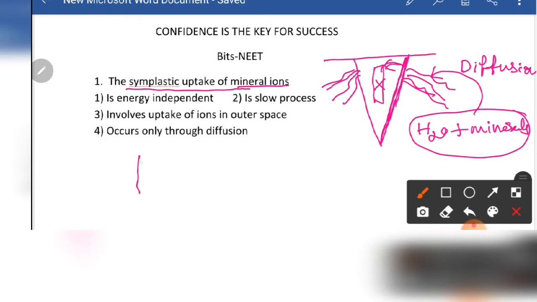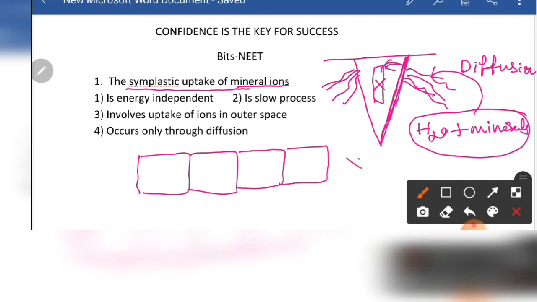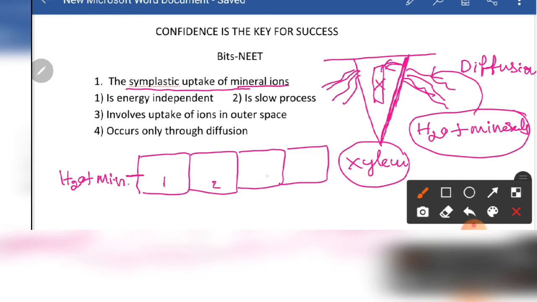So let me explain. This is a cell of the epidermis region. These are the cells in the cortical region, the cortex. Then the cells of the endodermis, pericycle, and ultimately the xylem. So the substances like water and minerals present here need to be transported through the cell membrane into one cell, then two, three, through the cell membrane into the cytoplasm, again through the cell membrane into the cytoplasm.